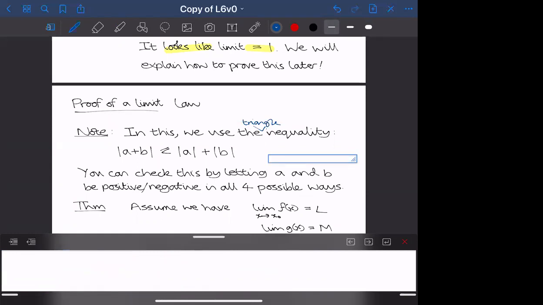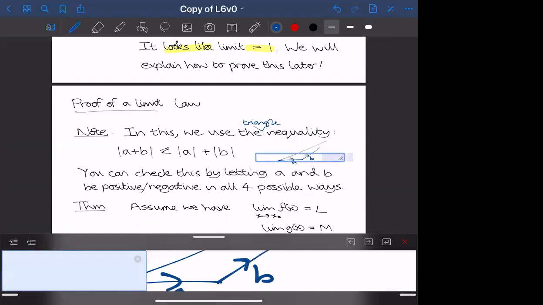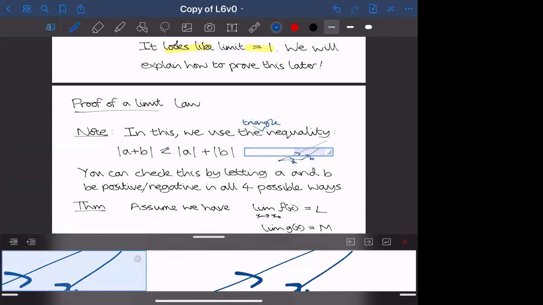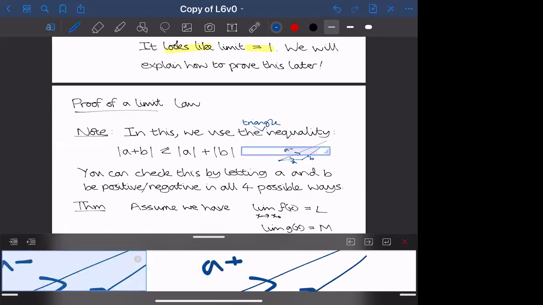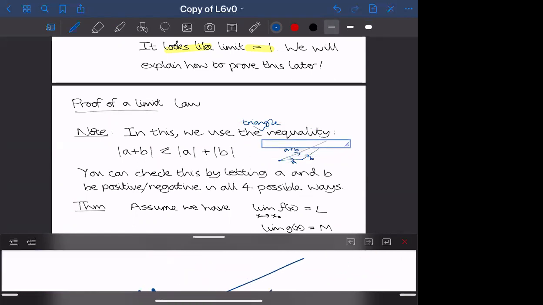So the vectors on the sides of a triangle are A and B and A plus B. And the length of the A plus B side is less than the sum of the lengths of the other sides.